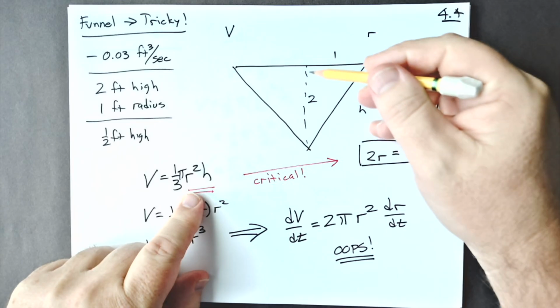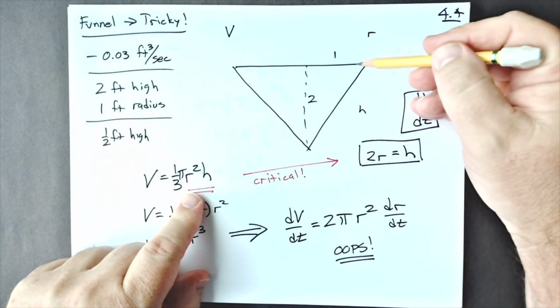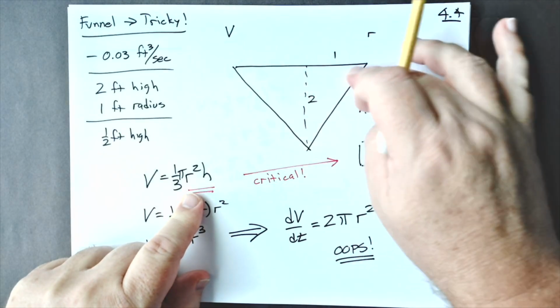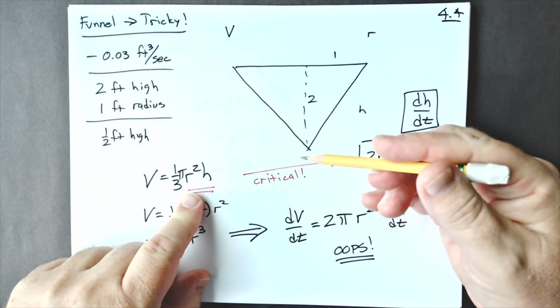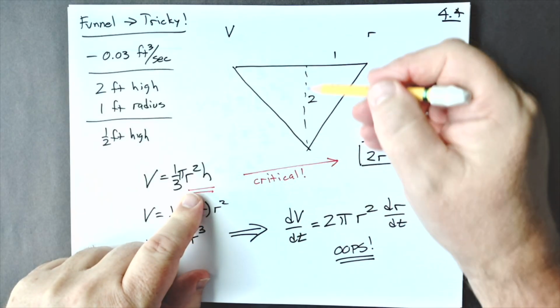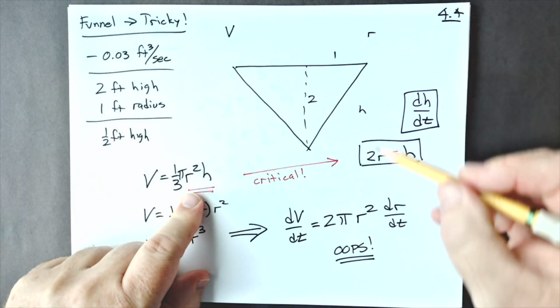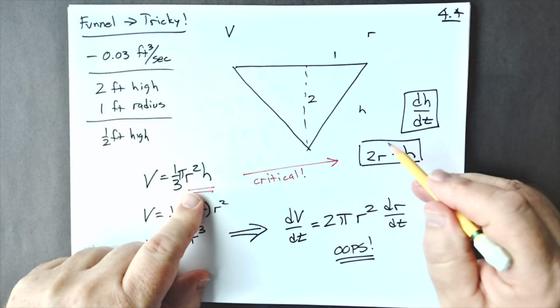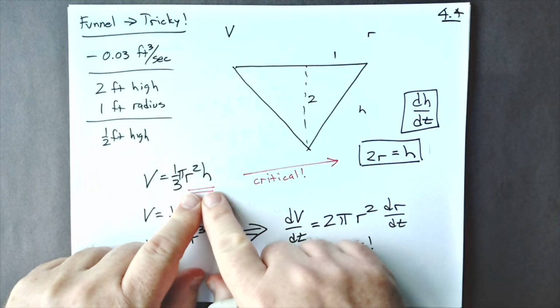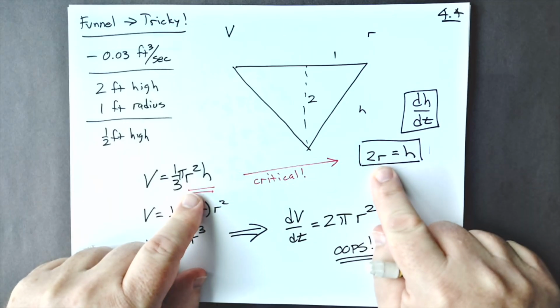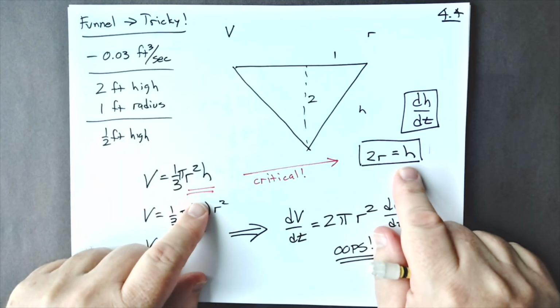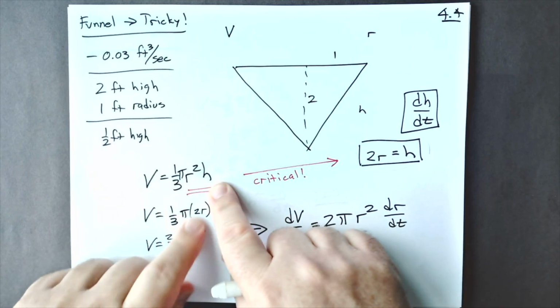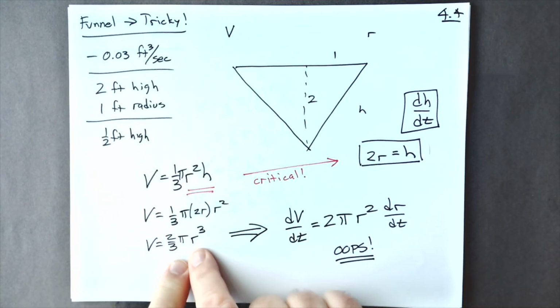The relationship of the funnel is that this similar triangle is preserved no matter how high the water is. So I have 2r equals h. There's this relationship that I can use to substitute in here. So look, 2r equals h, so I can plug the 2r in for h and solve, and now I only have one variable.